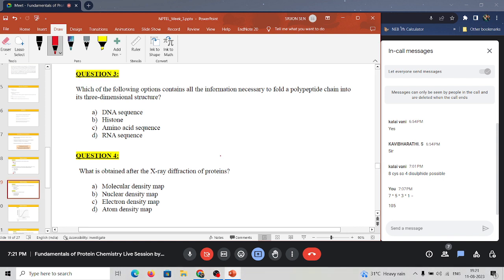Question number 3, which says, which of the following options contain all the information necessary to fold a polypeptide chain into three-dimensional structure? Is it the DNA sequence, is it the histone, the amino acid sequence, or the RNA sequence? So what determines the conformation of a protein?